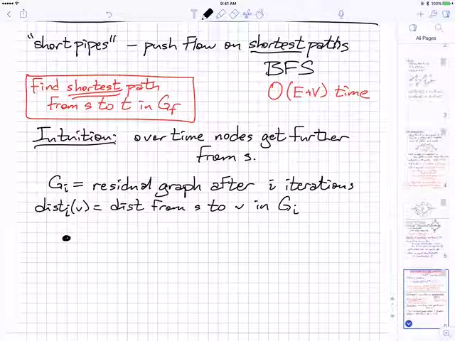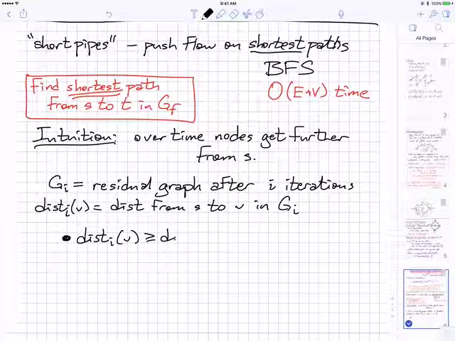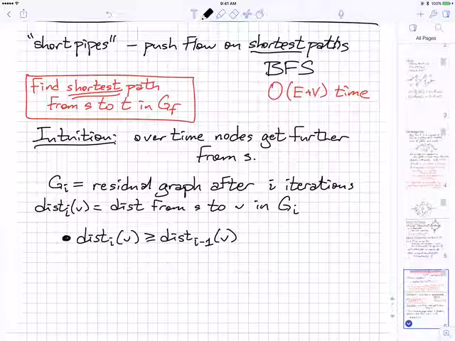The first claim is that these distances only get bigger. They can never get smaller. For all vertices v and for all integers i, the longer you run the algorithm, the further away the vertex gets from the source. Now there's an equal sign here, which means that sometimes the distances don't change.